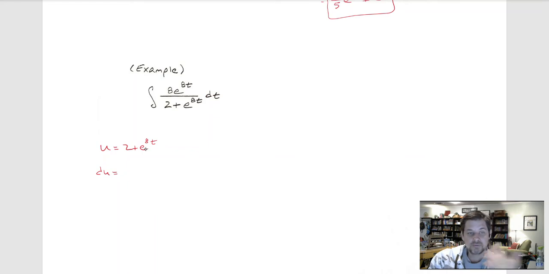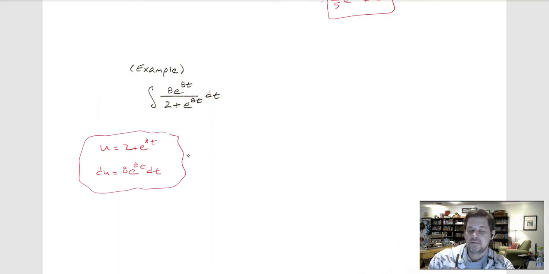Well, we happen to know our rules for derivatives in that case, but the derivative of 2, being a constant, is 0, plus the derivative of e to the 8t is 8 e to the 8t dt. And that's this top part. All right, okay. Now, if we had chosen the other way, that wouldn't have worked out, you see? But choosing it this way is such that everything fits. And that's ultimately the goal.